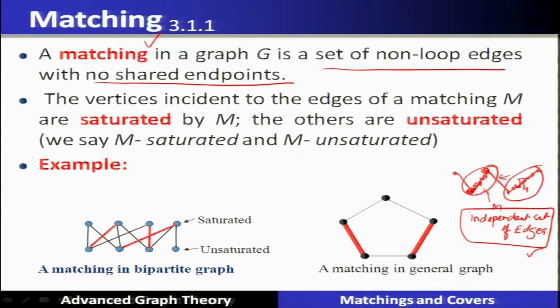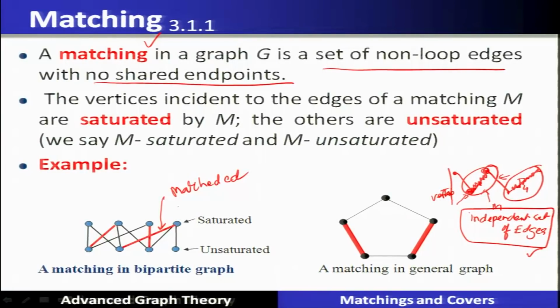This edge is incident on this particular vertex. When the edges of a matching are incident on a vertex, that vertex is called a saturated vertex. Take this example: the red edge is a matched edge.